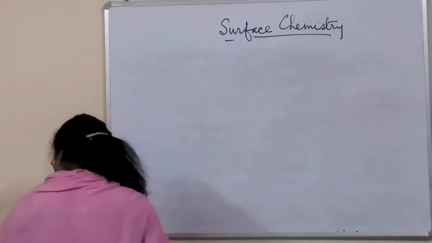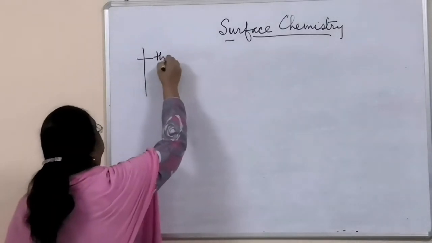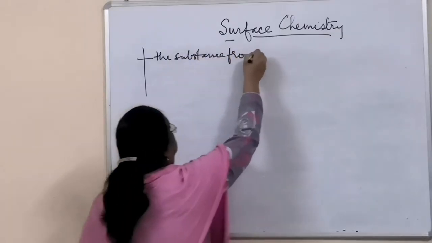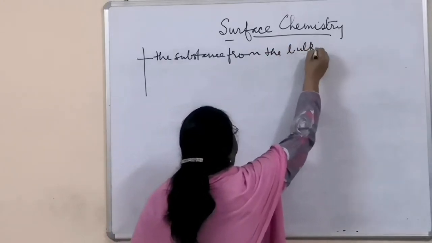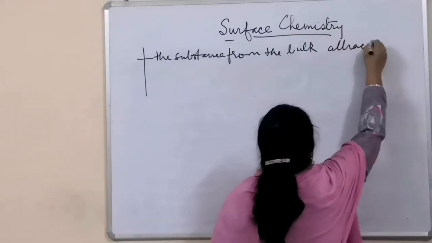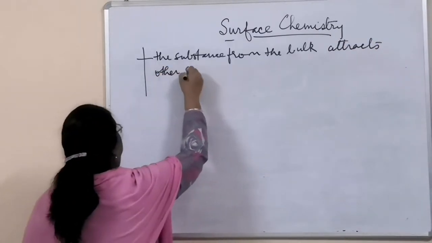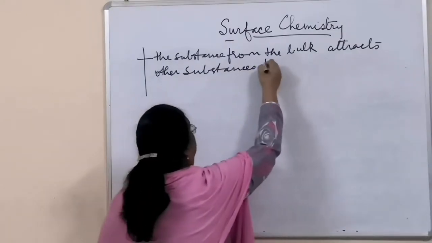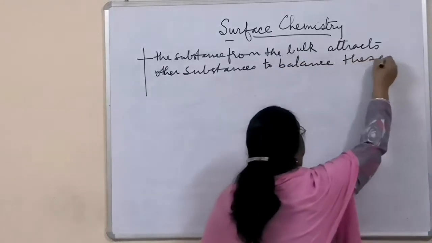So because of a state of unsaturation, what happens? The substance from the bulk or the solid attracts other substances to balance these forces.